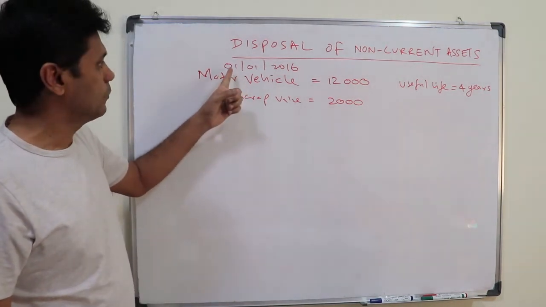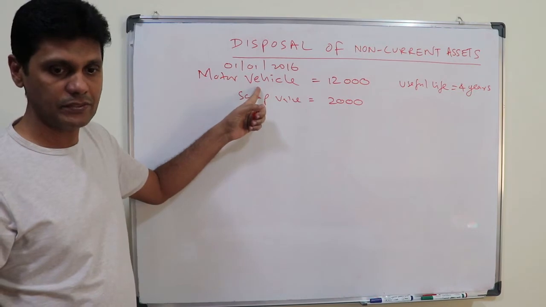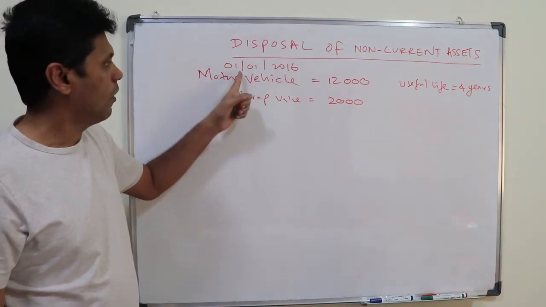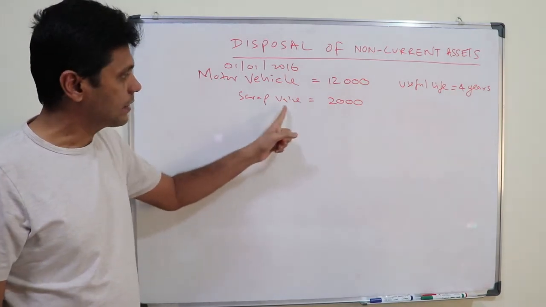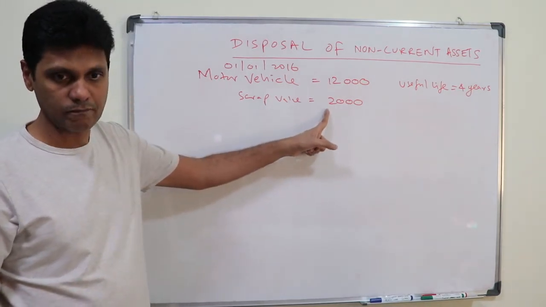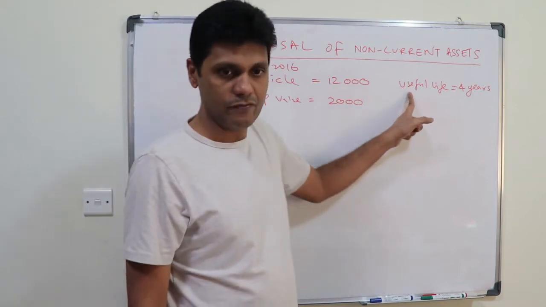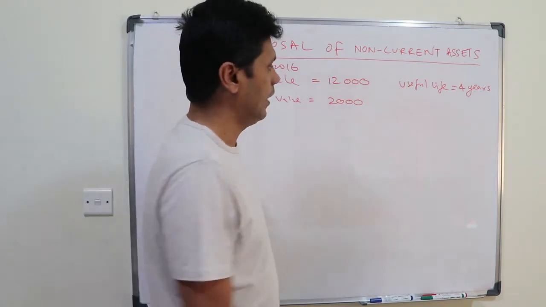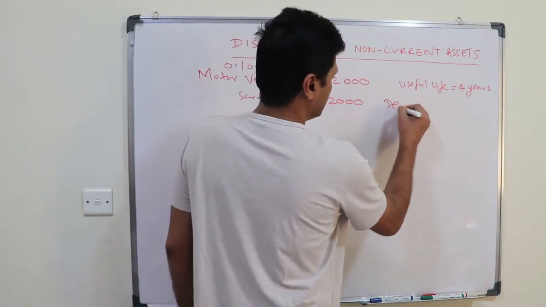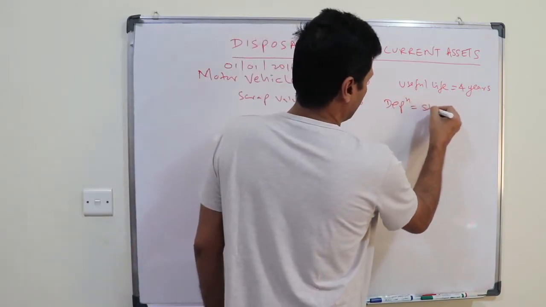So let's say the business has purchased a motor vehicle on 1st January 2016 for 12,000. There is a scrap value of 2,000 and the useful life of the asset is 4 years. The depreciation method is the straight line method.